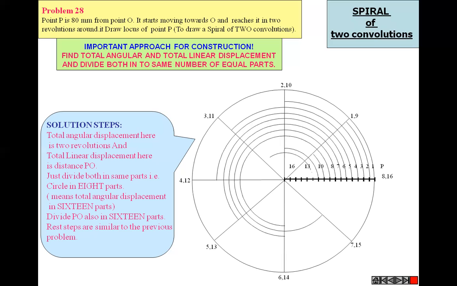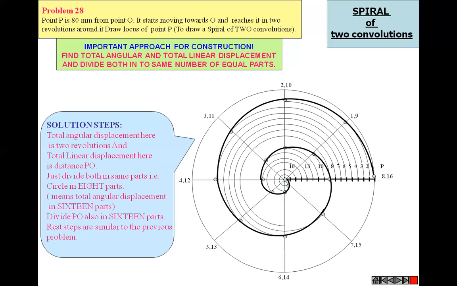Then for the remaining half you can see like this. So trace all the points up to 1, 2, 3, 4, 5, 6, 7, 8, 9, 10, 11, 12 up to 16. Join all the points. Then we get two convolutions for the spiral.